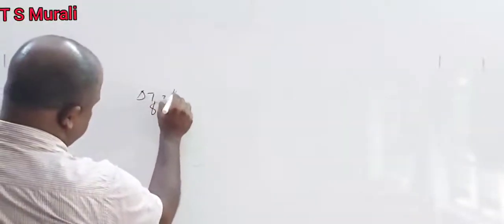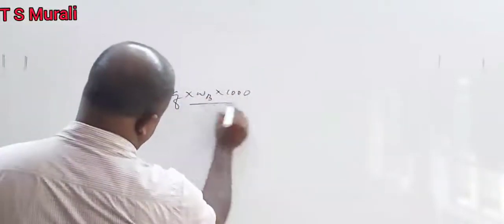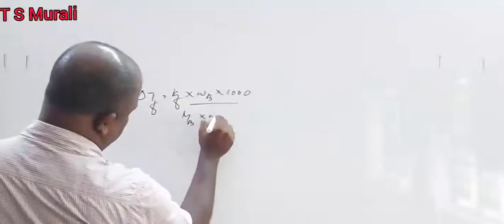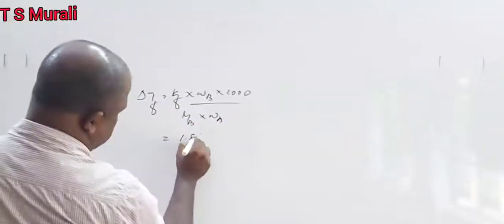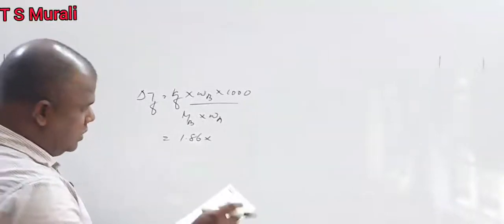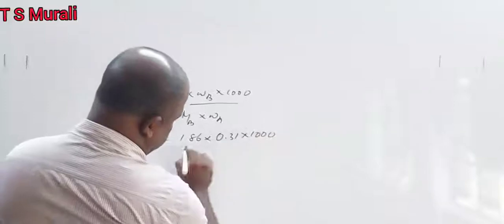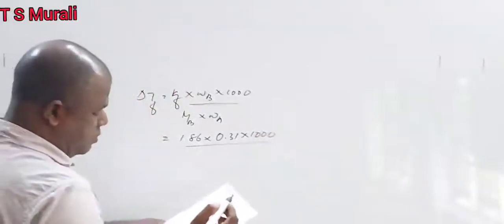Delta Tf is equal to Kf into WB into 1000 divided by MB into WA. Kf is 1.86, into the weight of the solute 0.31, into 1000, divided by MB, the molecular mass.